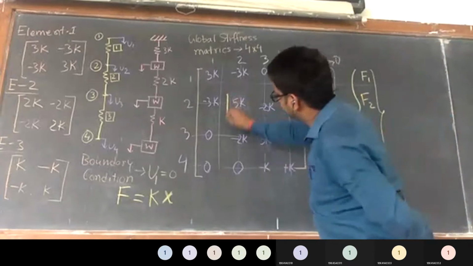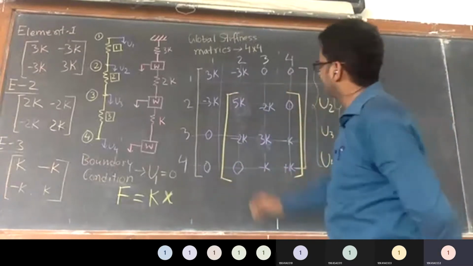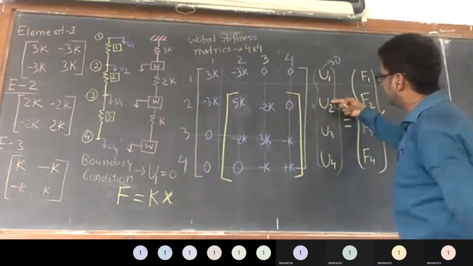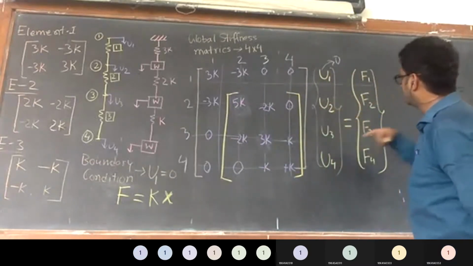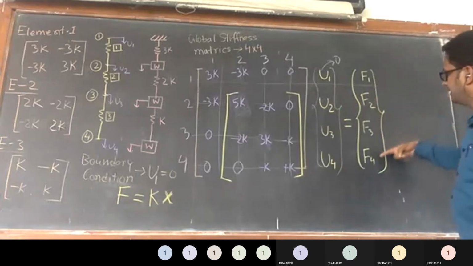So this will become your new matrix, a 3 by 3 matrix. And here you will get U2, U3, U4, and here you will get F2, F3, F4.